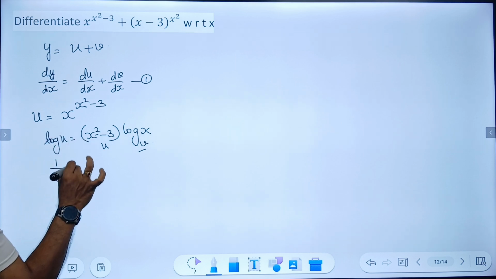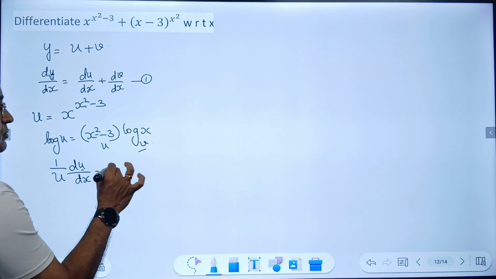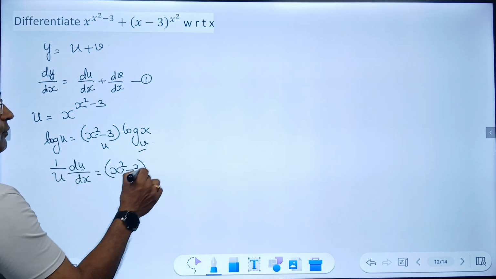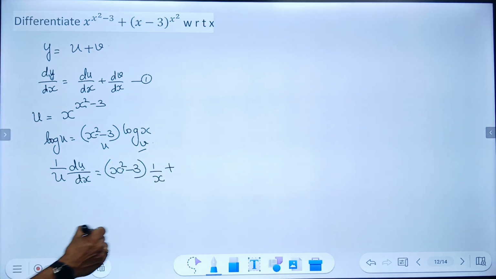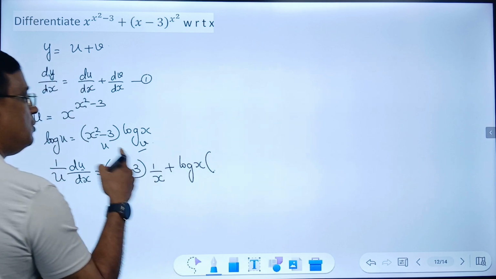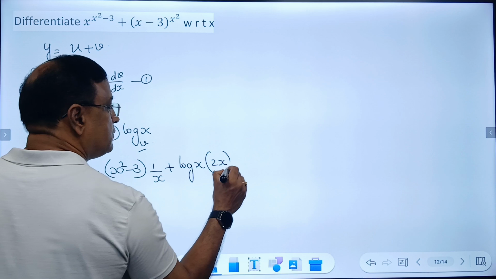1 by u du by dx equal to u. What is u? U is x square minus 3. U into differentiation of log x is 1 by x plus v. What is v? V is log x into what is differentiation of x square minus 3? It is just 2x.